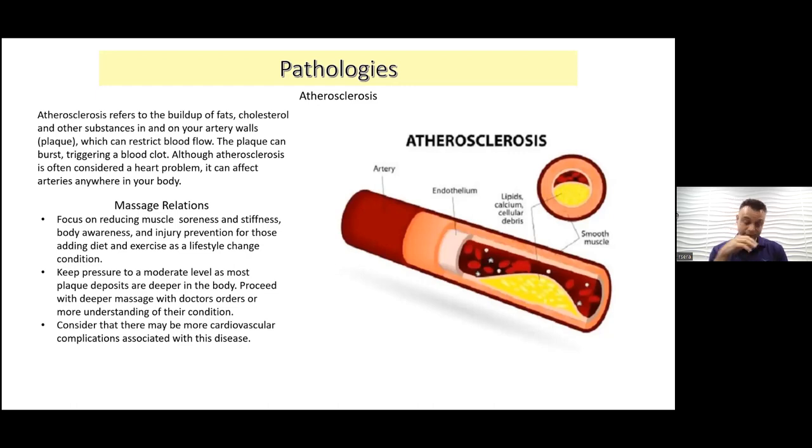This impedes the blood flow through the blood vessels and can eventually restrict blood flow so severely that the insufficient amount of blood getting to an area can become a problem. It's also quite possible that this blockage could build up blood down the tube and cause the development of a blood clot.